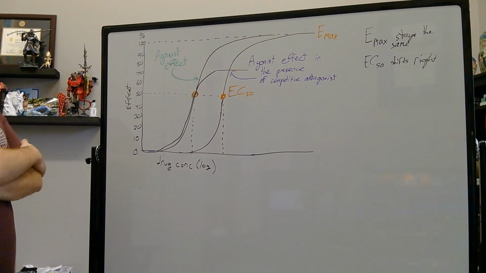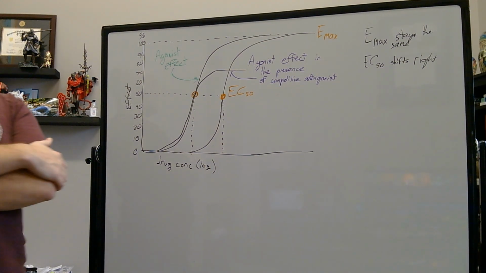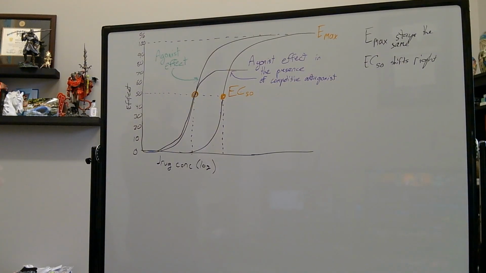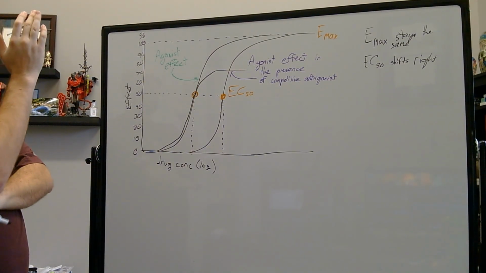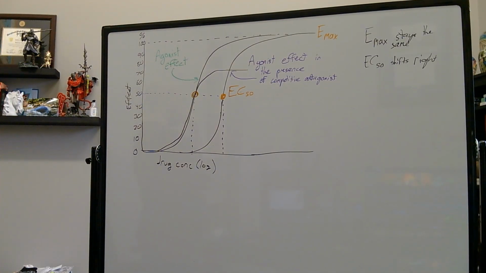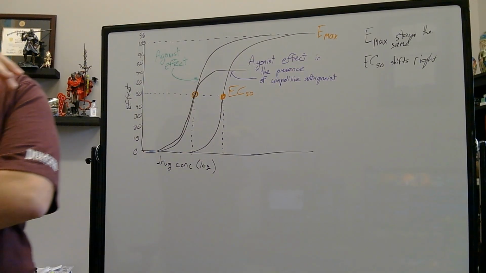Then there's another kind of non-competitive antagonist, very similar to it, called irreversible antagonism. Irreversible antagonists permanently bind to a receptor, reducing the total number of working receptors, and they're functionally very similar to non-competitive antagonists.